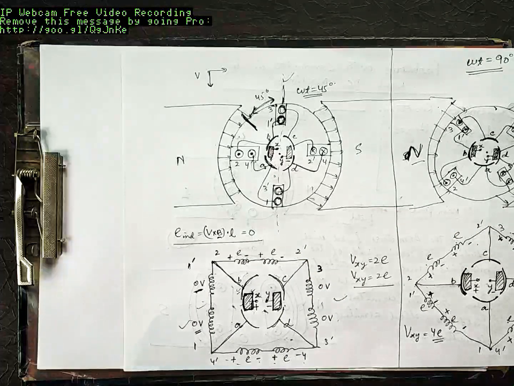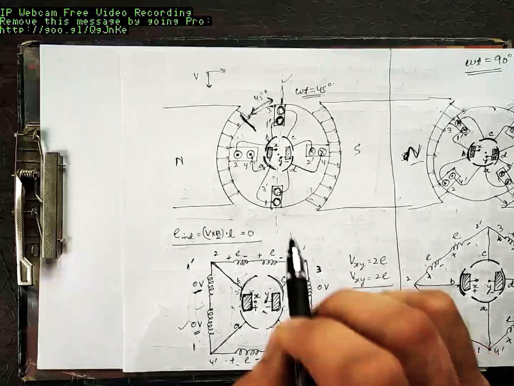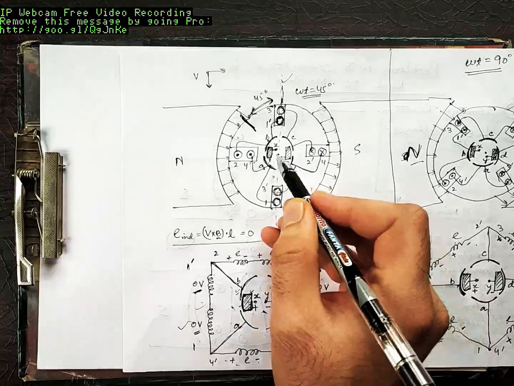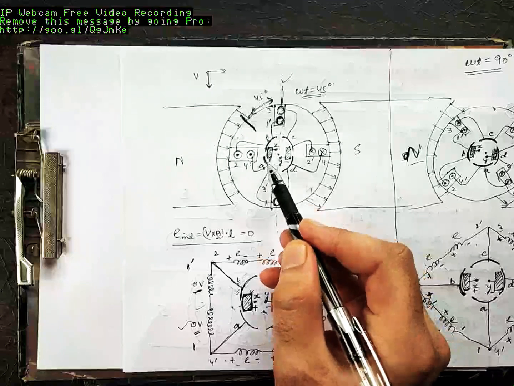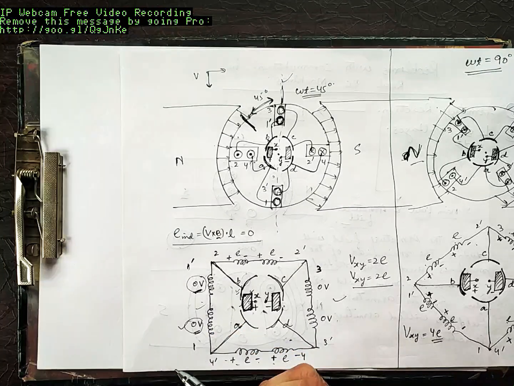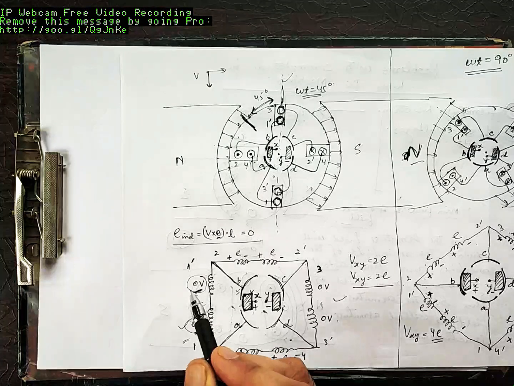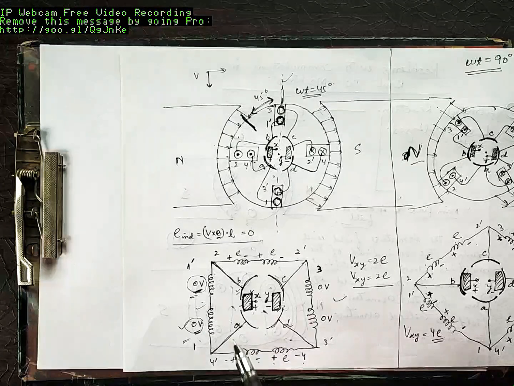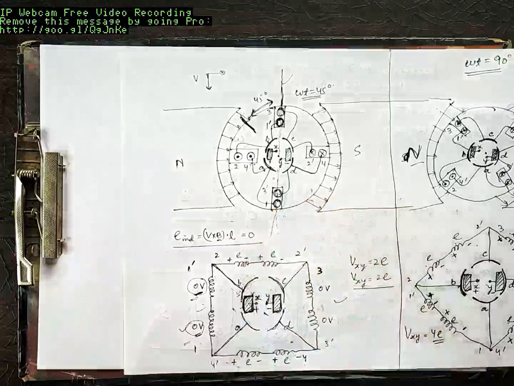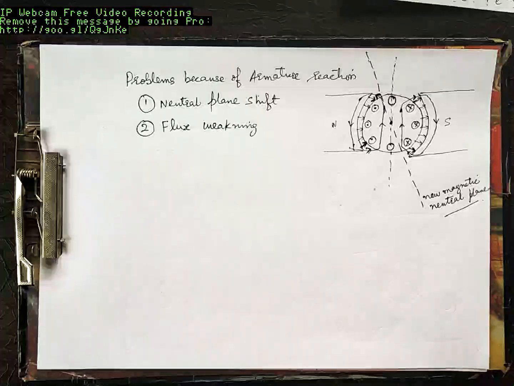But luckily, in the previous case, we found out that the brush was short circuiting commutator segments when the voltage induced in that winding which was being short circuited was zero. Why was the voltage induced zero in that winding? Because that coil lay along the magnetic neutral plane. So what is the big deal? The big deal is this thing.